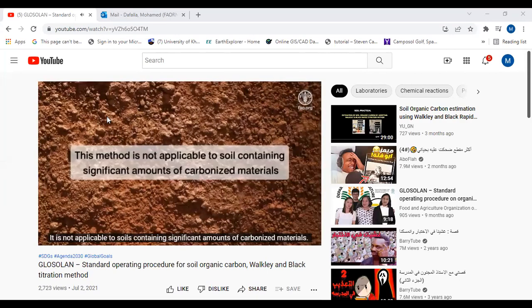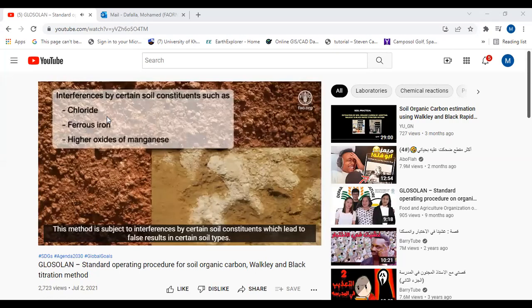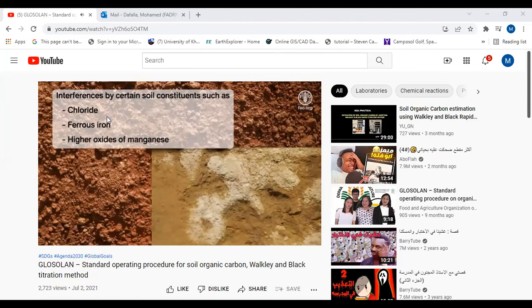This method is subject to interferences by certain soil constituents that lead to false results in certain types of soils. The oxides of manganese have been shown to undergo oxidation-reduction reactions in chromic acid mixtures, leading to incorrect values for organic carbon.